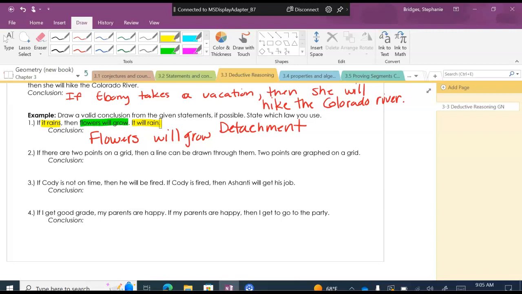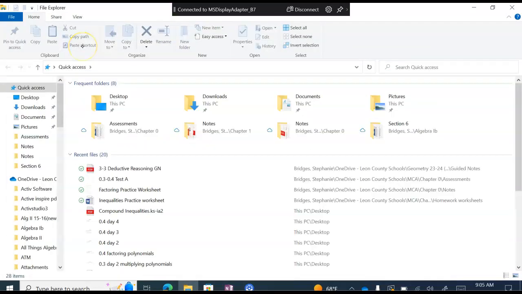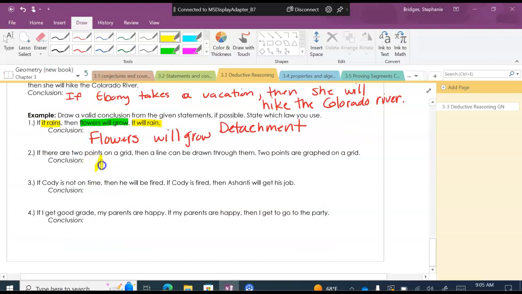I did, didn't I? So therefore, I can say the conclusion. What conclusion can I say? A line can be graphed, or can be drawn through those 2 points.